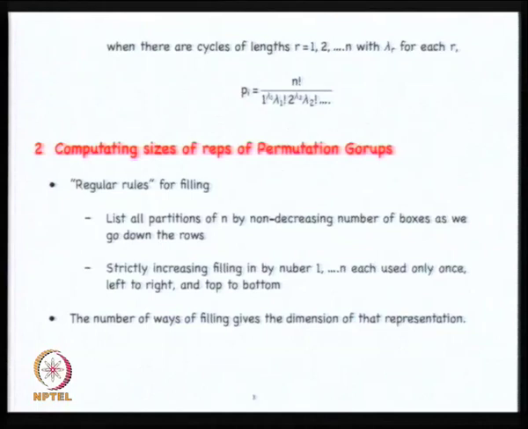So, things are really running into each other. So, Hammermesh book and Dresselhaus book. The Dresselhaus book does not talk about Young tableaus at all, but she has another way of calculating the sizes of irreps, but we will do this.